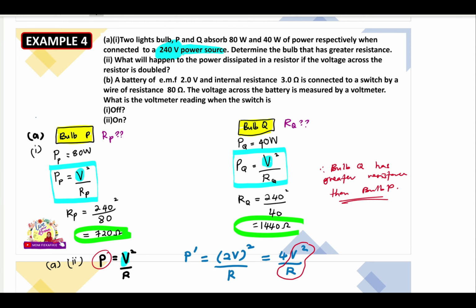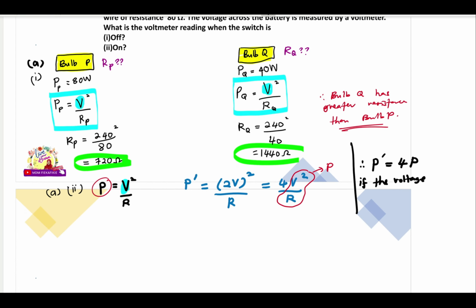Okay. Bulb Q has greater resistance than bulb P. Tulis. Bulb Q has greater resistance, okay, than bulb P. Okay. So dah siap A1.